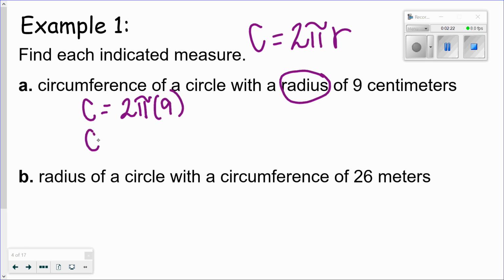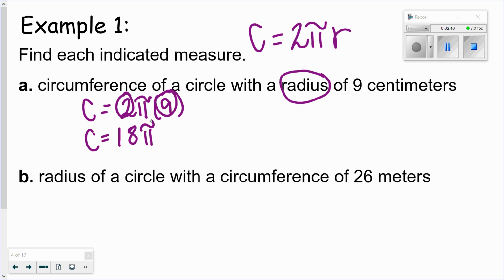There are two different ways that you can write this. If it asks for the exact measure, you are going to leave it in pi form. In multiplication, it can be in any order, and pi technically would represent kind of like a variable. So 2 times 9, we have 18 pi. If it asked for the exact answer, you would leave it as 18 pi.